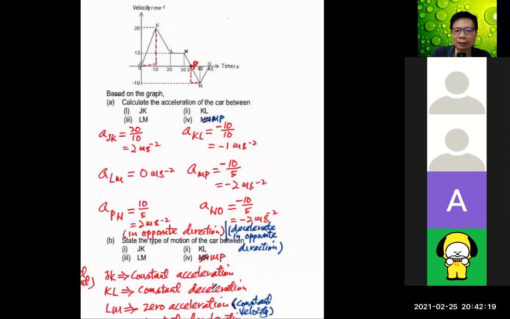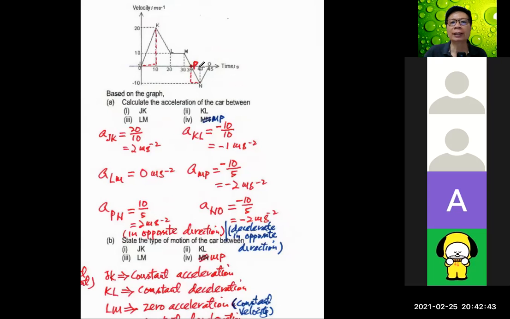Over here, zero acceleration, no acceleration. Zero acceleration is the same as constant velocity. When the velocity is constant, you move with the same speed, right? So no acceleration.